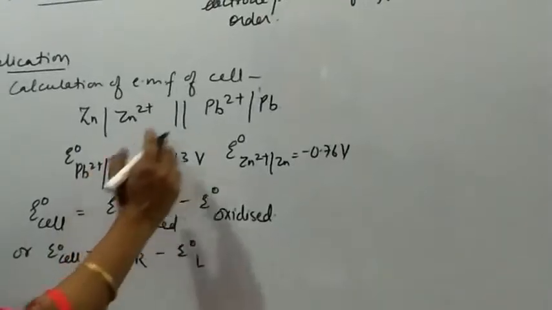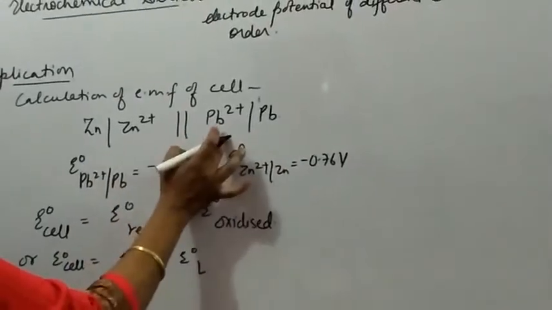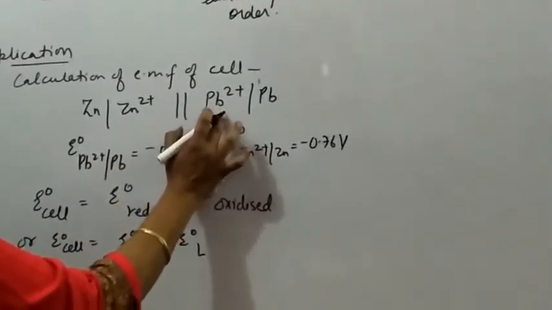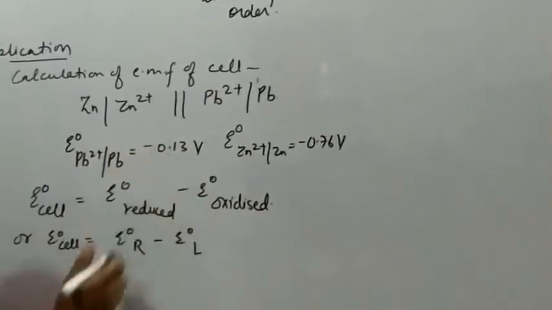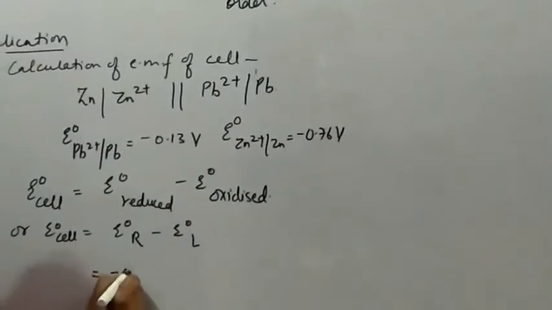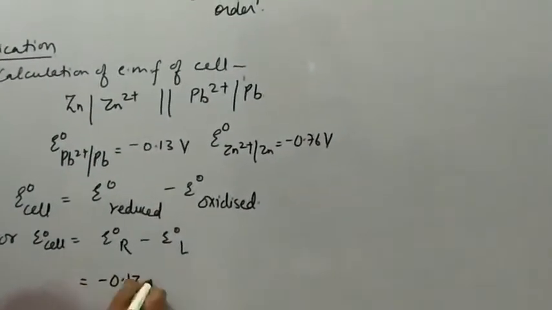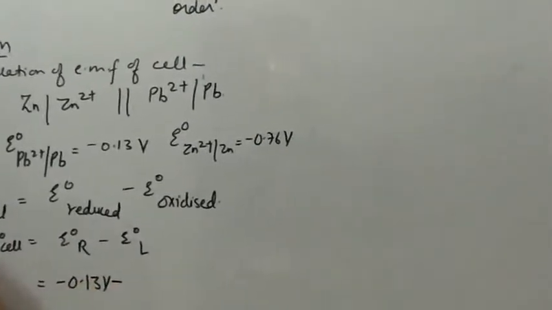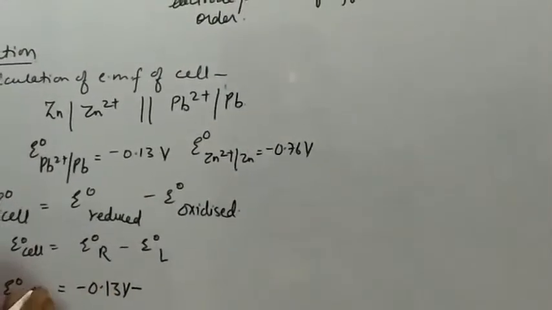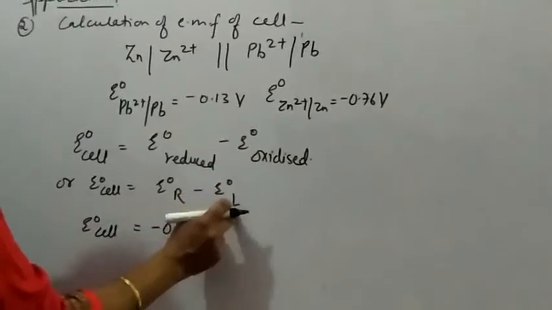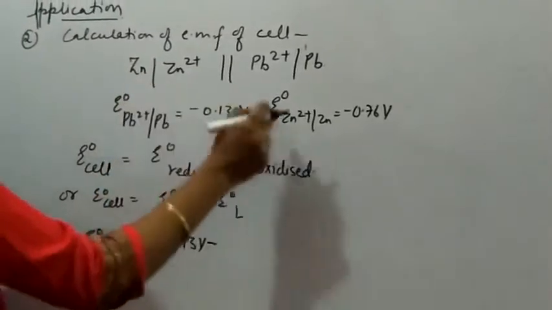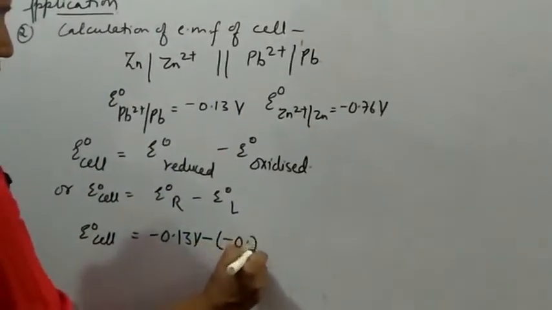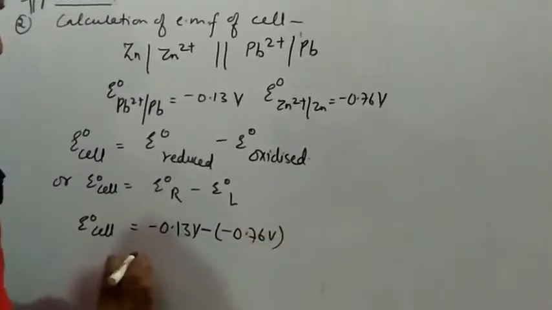On the right side of the cell representation we have lead, so what is the value of it? It is minus 0.13 volt, and on the left side we have zinc, whose value is minus 0.76 volt.